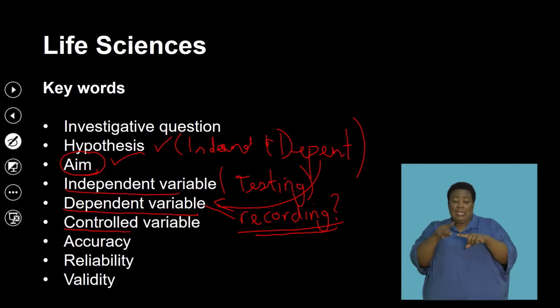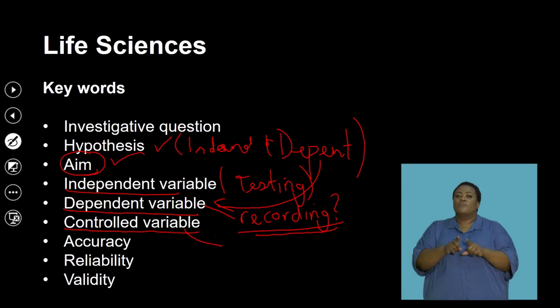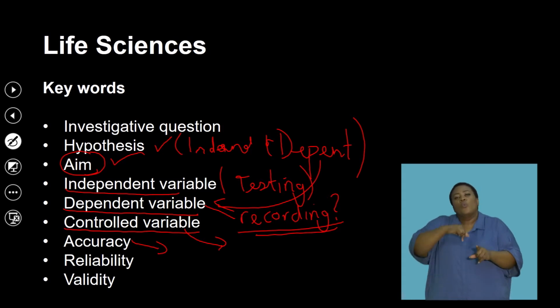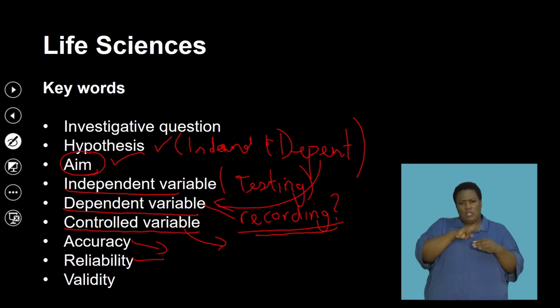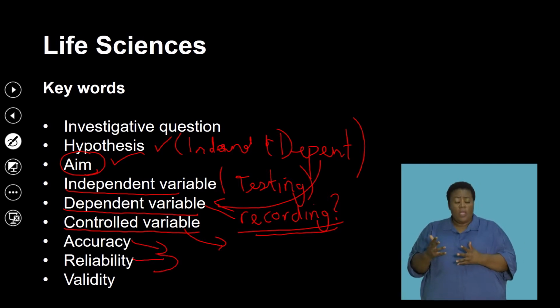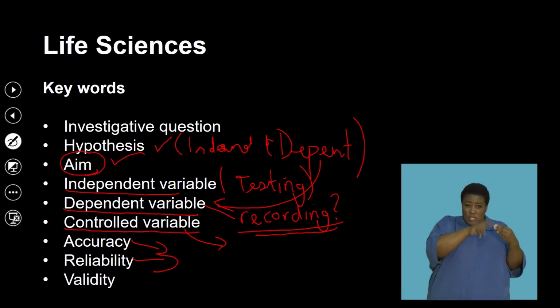We also need to keep our control variables in mind, and those are what keep the experiment accurate and reliable. At the end, we've got to look at accuracy in terms of what did we do that ensured that our experiments were reliable. So we look at accuracy. We look at the reliability of our results, which essentially points to if you were able to do this experiment again, would you get the same results?